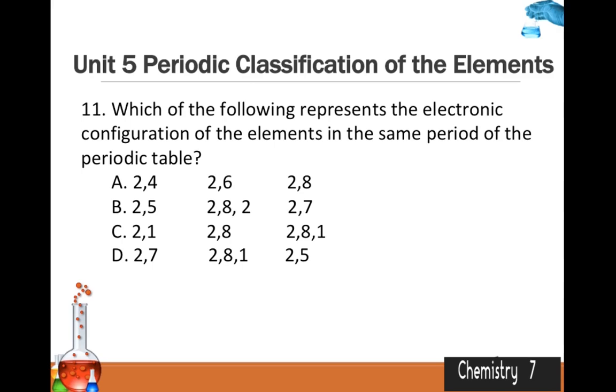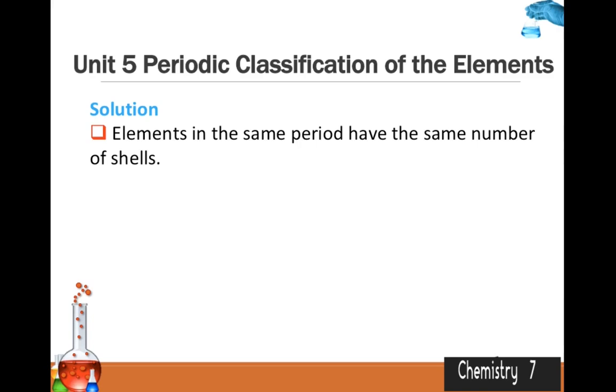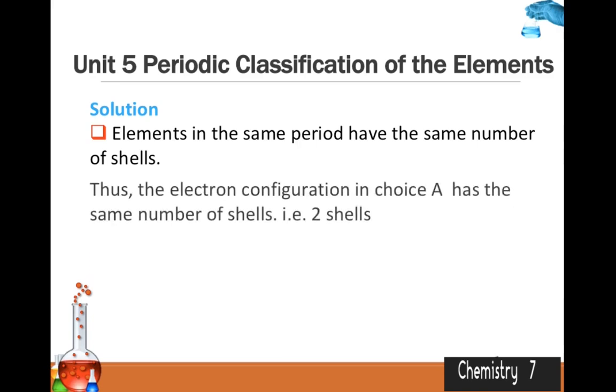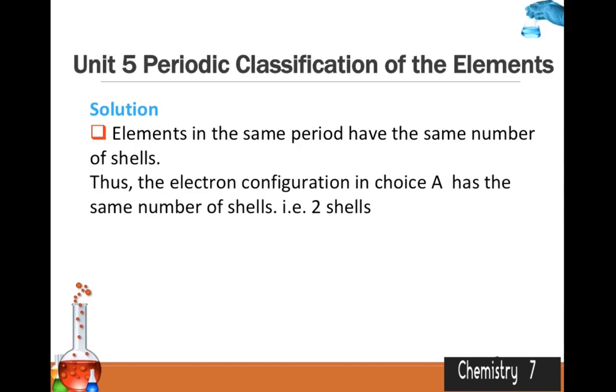D, 2, 7, 2, 8, 1, and 2, 5. Elements in the same period have the same number of shells. Thus, the electron configuration in choice A has the same number of shells, 2 shells. The answer is A.